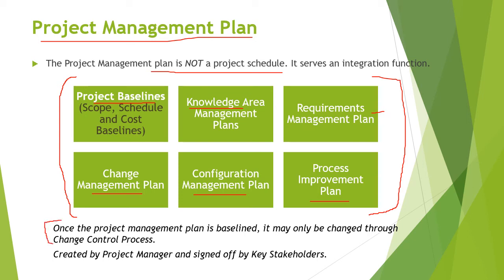You cannot just change the project management plan without going through the change control process. The project management plan is created by the project manager and signed off by all the key stakeholders. So in short, all these things summarize the primary output of develop project management plan, which is the project management plan itself.